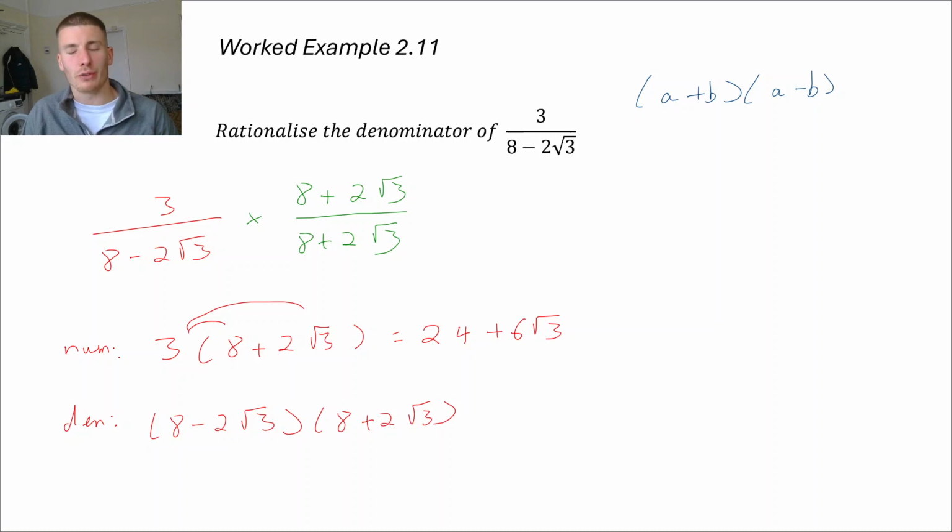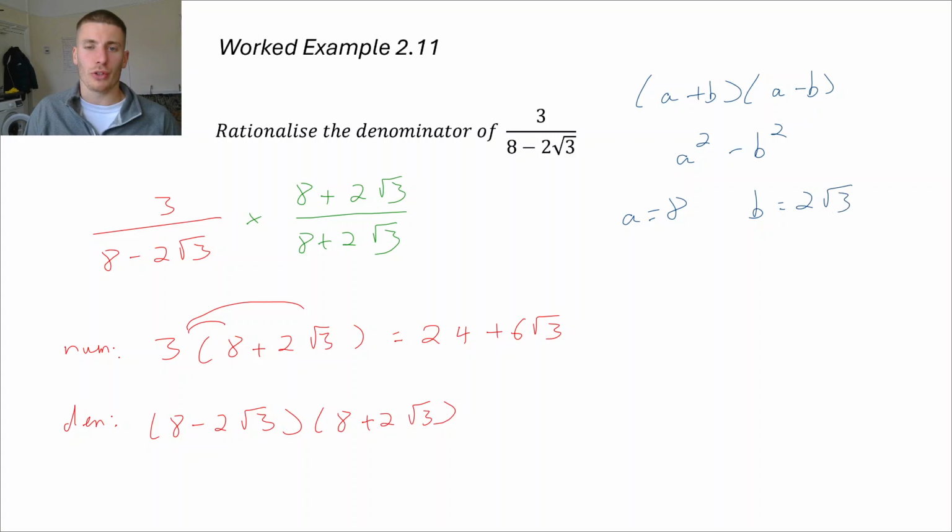It's in your difference of two squares form, and we know if we expand brackets in this form, you get a squared take away b squared. In this case, a is equal to 8, you can see that, and your b part is 2 root 3. So b is equal to 2 root 3.